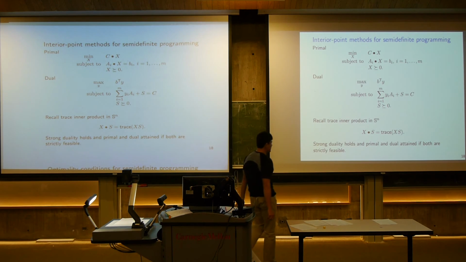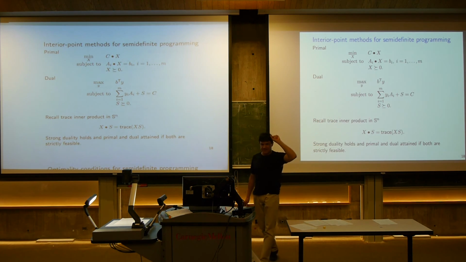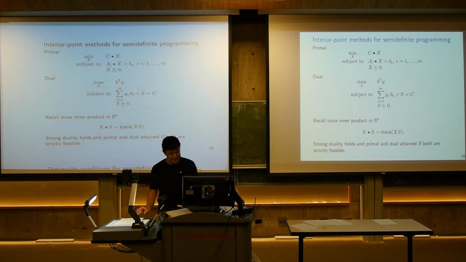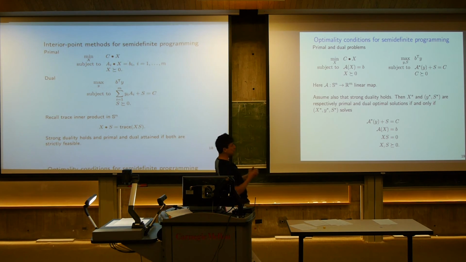Provided that we have Slater conditions for both the primal and the dual, that is, strictly feasible solutions for both, then everything works very nicely. We have strong duality, both the primal and the dual are attained, and we don't have any pathologies. Something nice about the Slater condition is that it's also perfectly compatible with interior point methods.